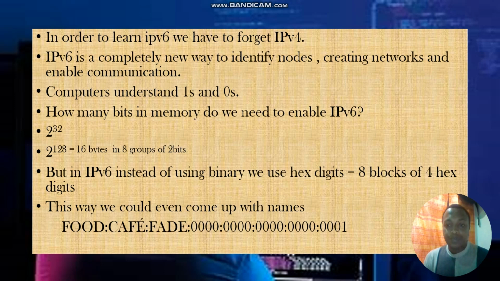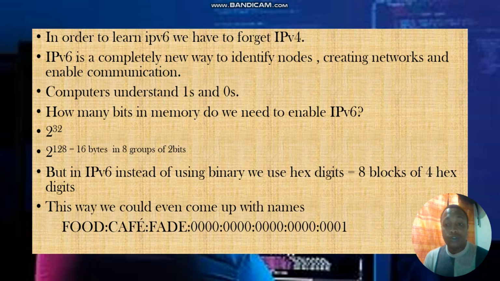But in IP version 6, we don't use binary like we used in IP version 4. That is why I was telling you that you need to forget some of the IP version 4 concepts. Instead, we use hex digits. There are different numbering systems that exist out there. There is ASCII, there is hex, there is binary, there is decimal.